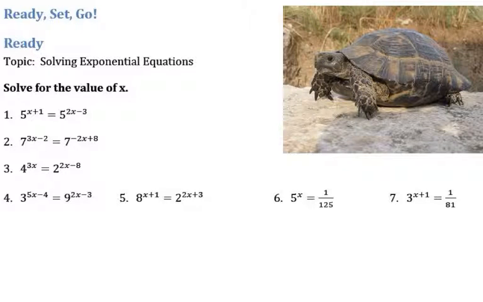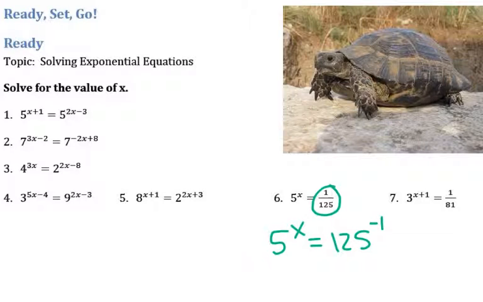Now 6 and 7 have those fractions, but remember we have those negative exponents, and a negative exponent makes it a fraction. So I'm going to change this to 5 to the x equals 125 to the negative 1, because 1 over 125 is 125 to the negative 1.